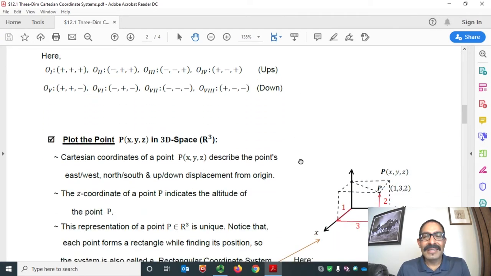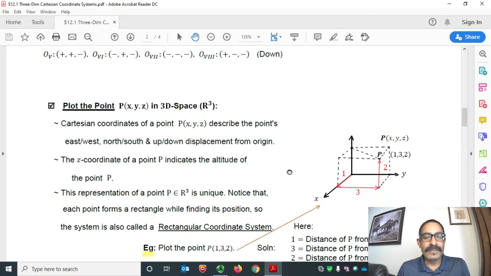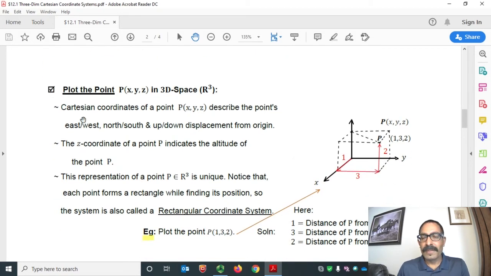So now next, let's talk about plotting a point in R3. The Cartesian coordinates of a point in space are written with 3 coordinates, P(x, y, z). This describes the east-west, north-south, and up-down displacement of the point from the origin.